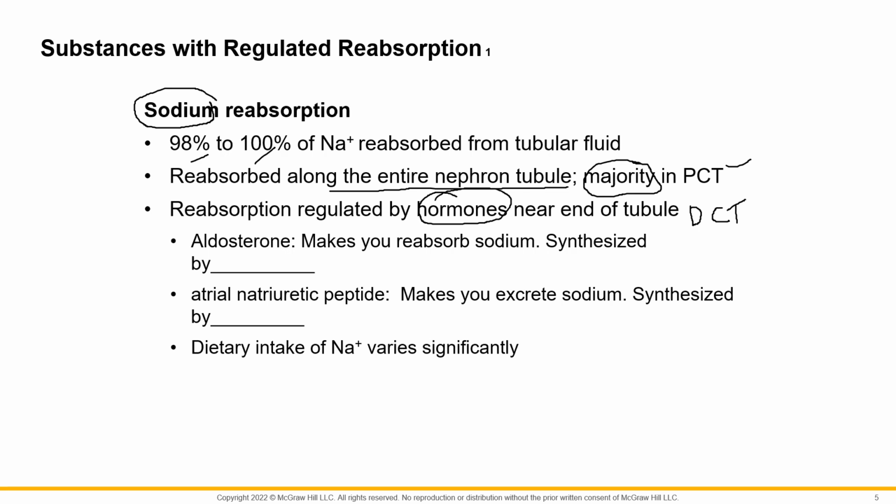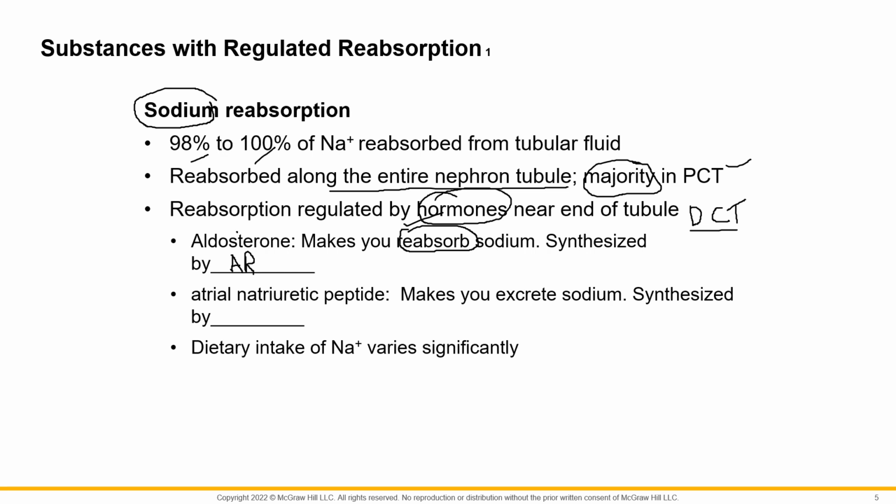In the distal convoluted tubule specifically, it is regulated by hormones, which we've already looked at in the RAAS system that we saw in the previous lecture. And one of the hormones that we saw was aldosterone. So aldosterone makes you reabsorb sodium. It makes sodium go from your filtrate back into your blood. And it is synthesized by your adrenal glands.